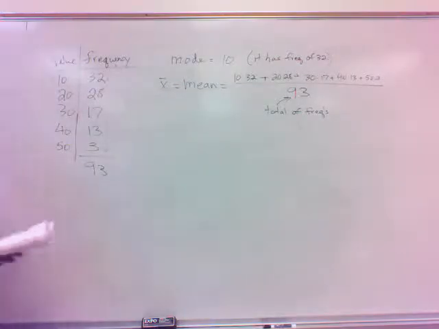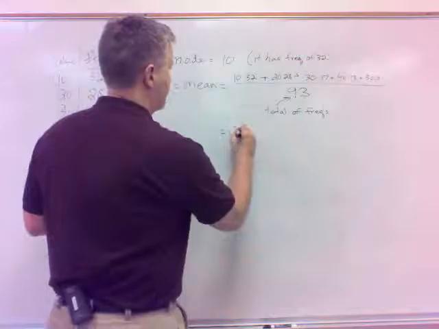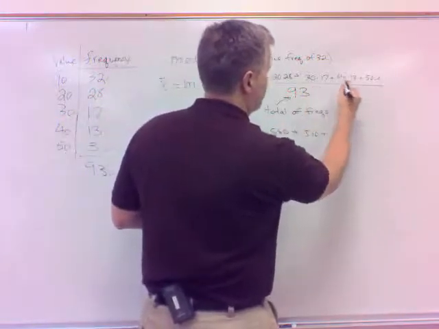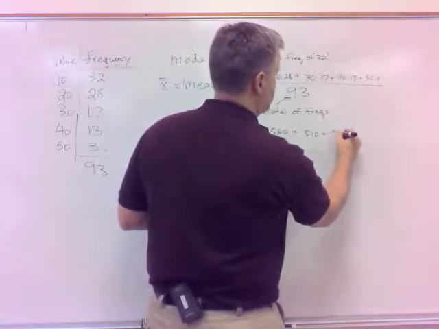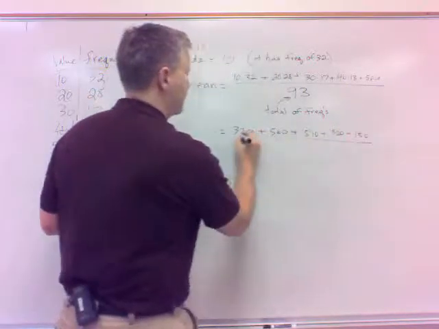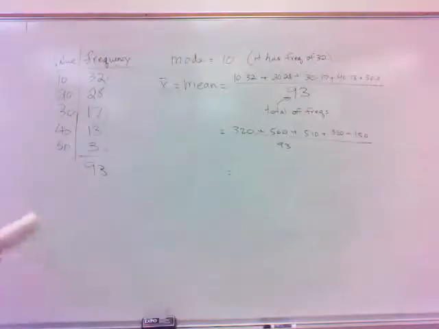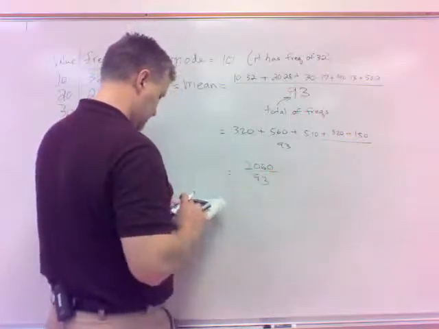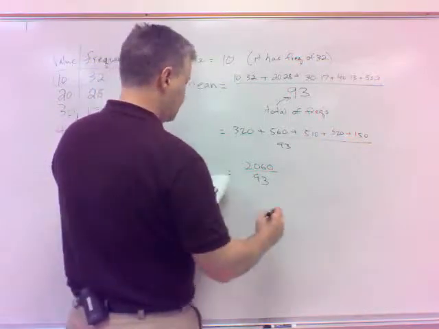So now, if I multiply those together, what do we get? 320, 560, 510, 520, and 150, I believe, divided by 93. 320, 560, 510, 520, 150, that's 2060 divided by 93, 22.15.